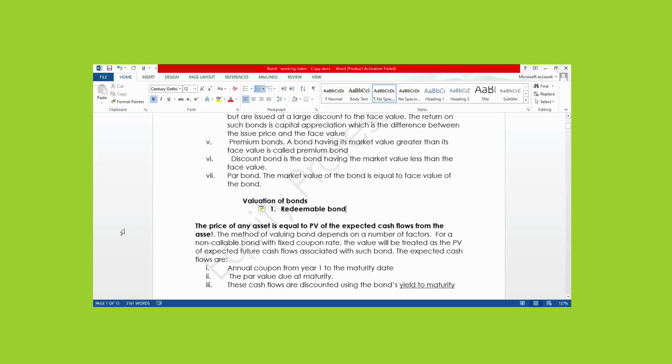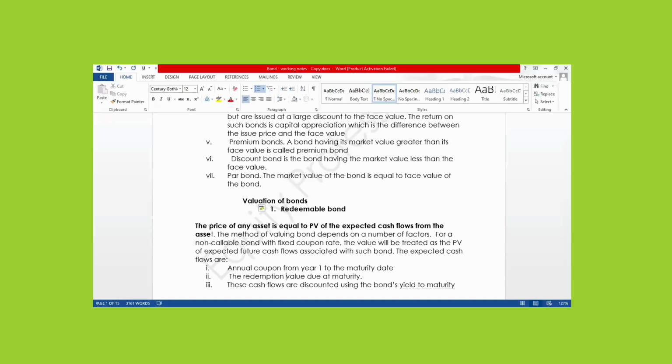That is cash flow 1. That's 2, the redemption value of the bond at maturity. It should be redemption value, not par value, of the bond at maturity.